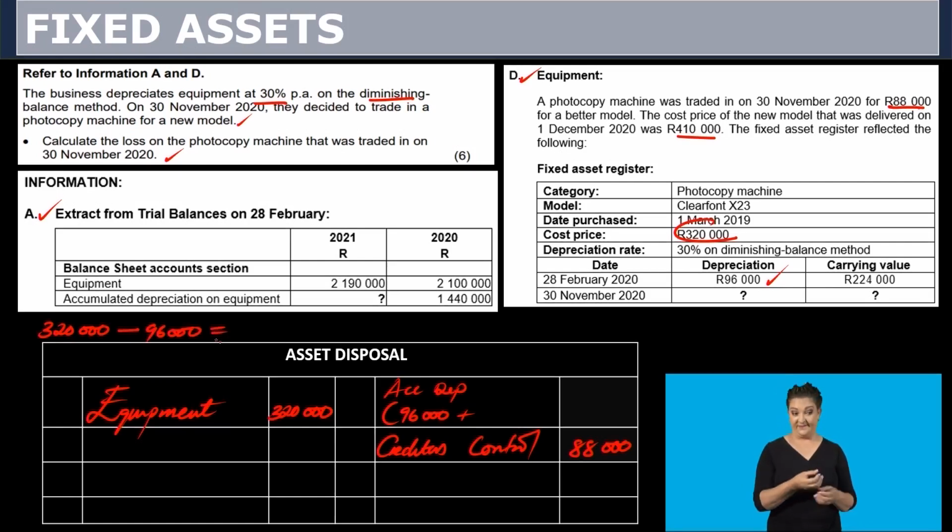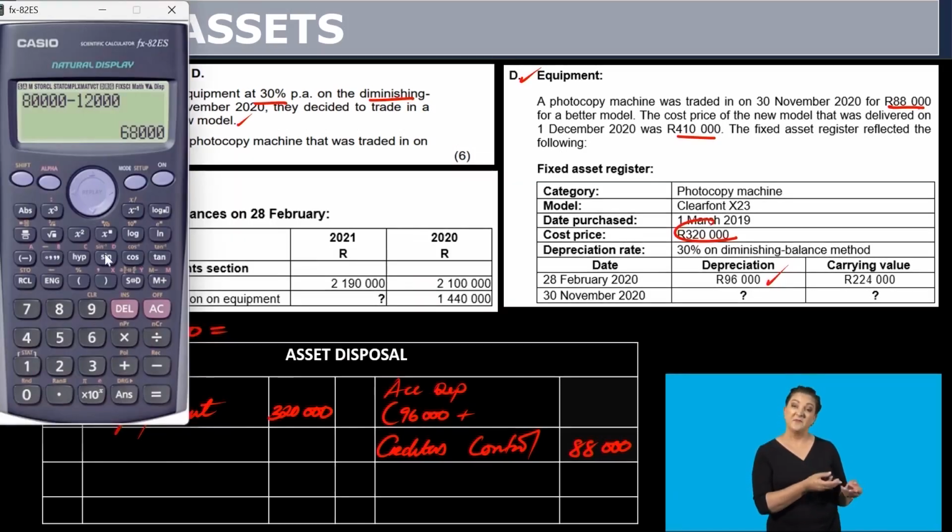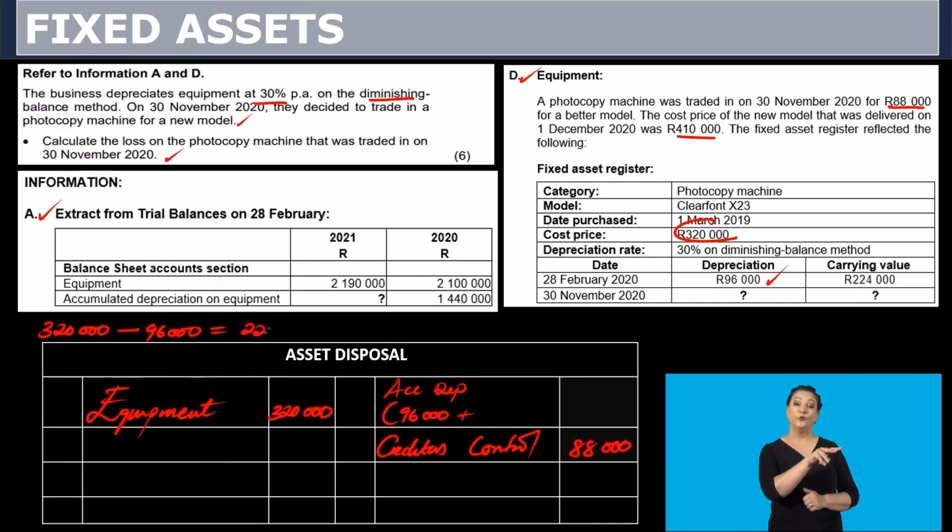It will give me carrying value. So I'll come here and I'll get my carrying value. So remember, I'm saying 320 minus the 96,000. That will give me 224,000. So I'll come here, I have my 224,000.